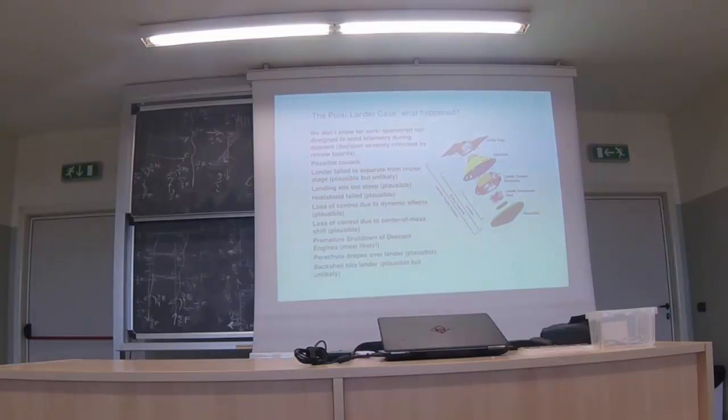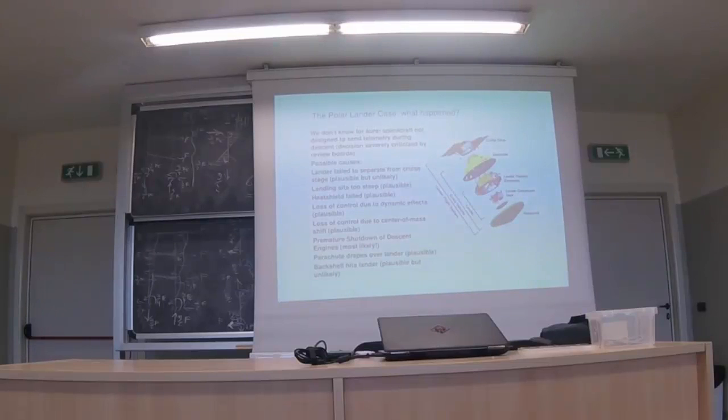Which are the causes? The lander failed to separate from the cruise stage. Plausible, but unlikely, because it's constructed like this. We have the lander inside and the heat shield and the back shell, which should decompose during the landing phase. The landing site was too steep.